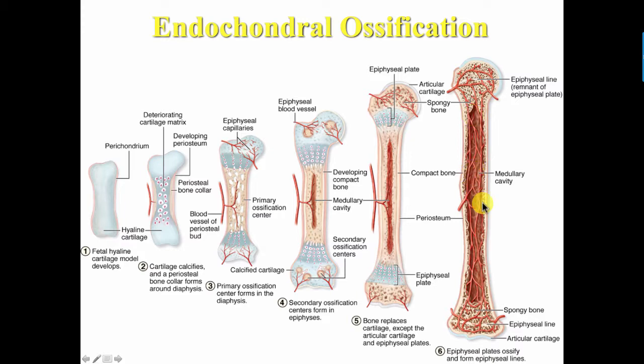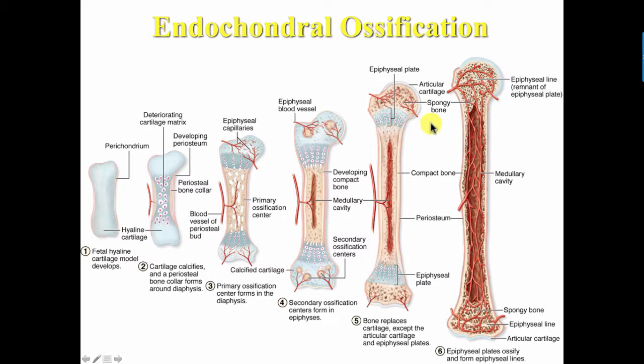At the same time that bones are growing longer, they're also growing wider, as new bone is laid down appositionally underneath the periosteum here, and as this compact bone covering the diaphysis becomes thicker, its width is maintained by the removal of compact bone on the inner surface of the diaphysis by osteoclasts.